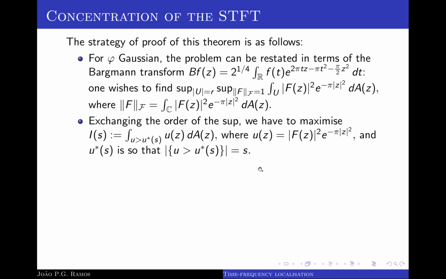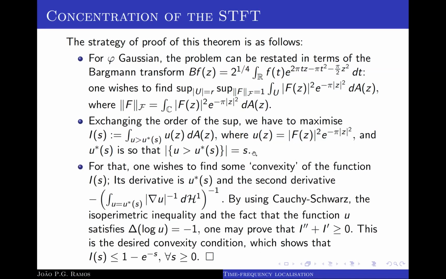Finally, I'm going to explain this again, but the idea is to find some convexity property on this function I of s. Its derivative is u star, which can be easily seen, and its second derivative is this integral right there.